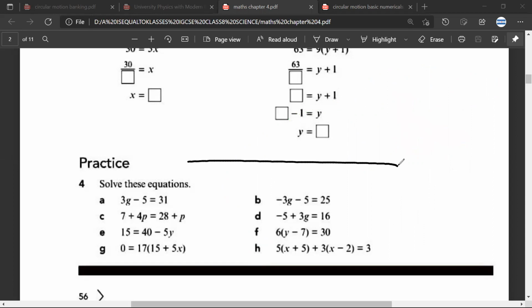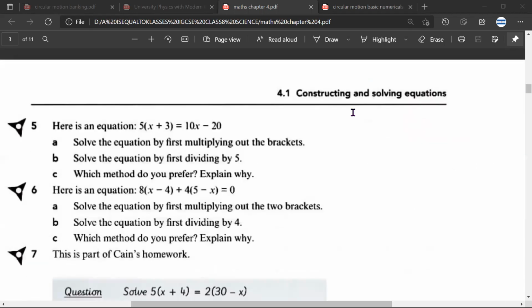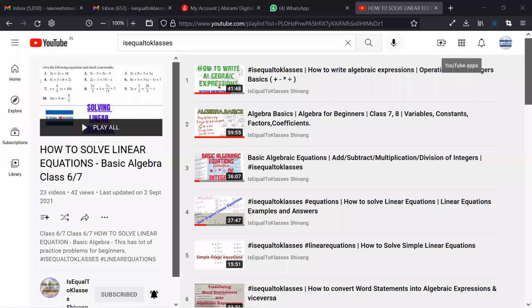So your homework is to do all these equations again. Sir, any doubt? No doubt, sir. Mr. Satya, any doubt? No, sir. One second, I'll show you another thing. Satya, can you see the screen?